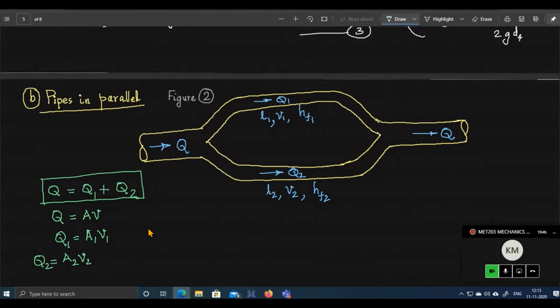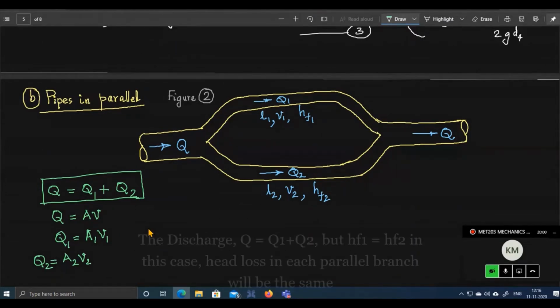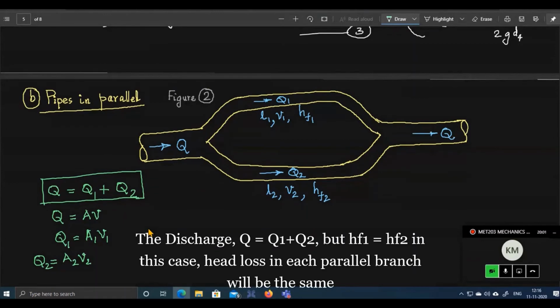Whereas in parallel combination, what will happen to the head loss? For resistances in parallel, if R1 and R2 are the resistances, normally we say the effective resistance R is given by 1 by R is equal to 1 by R1 plus 1 by R2. If you do that, the effective resistance will be less than the individual resistances R1 and R2.